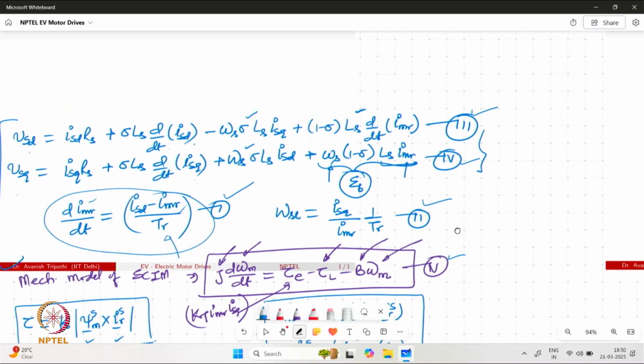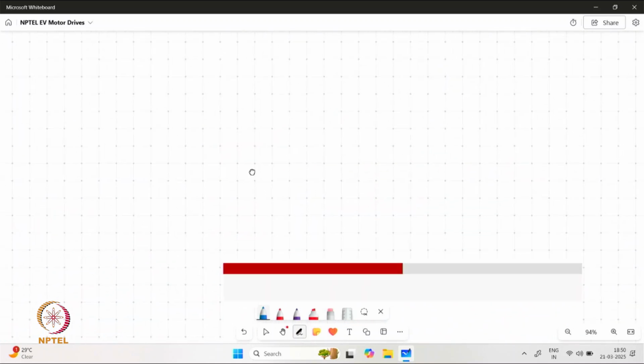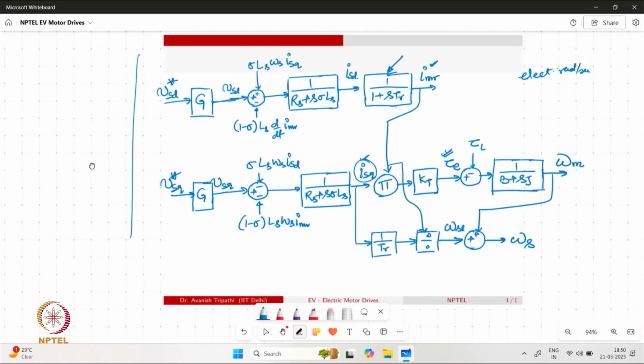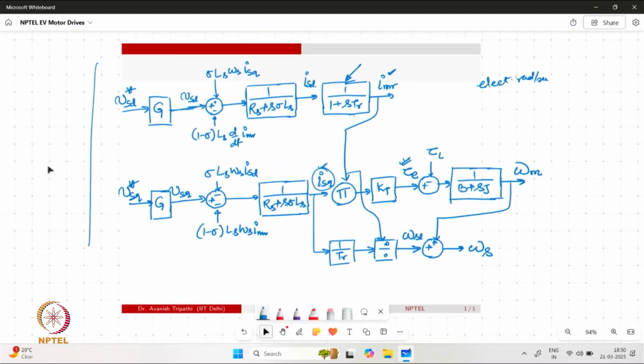Now the same thing we have represented in terms of a block diagram, and what we are finding here is that the stator currents ISD and ISQ are primarily dependent on the supply voltage VSD, VSQ.